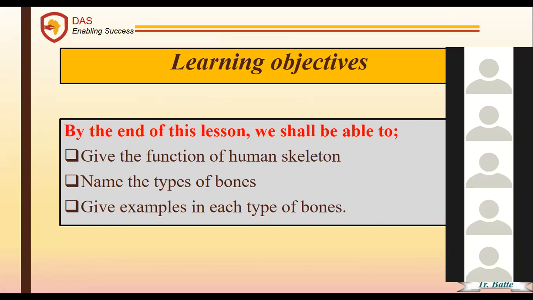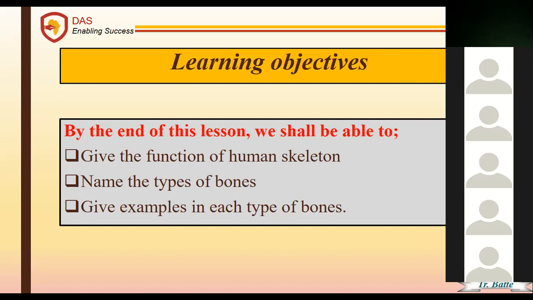By the end of today, the reason as to why we're in this lesson: by the end of this lesson, we shall be able, that's me and you, of course, to give the functions of the human skeleton. When the lesson ends, everyone must be in position to give functions of the human skeleton or of the skeleton of any organism.